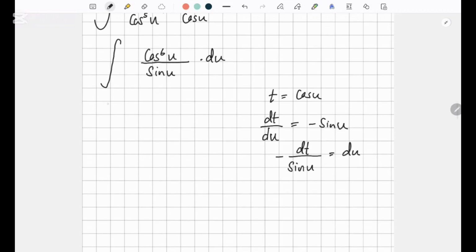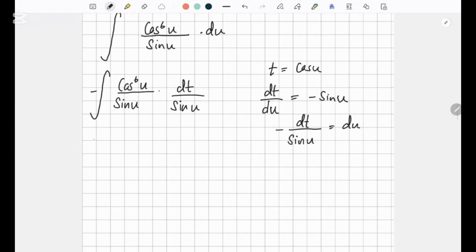Now, if we go back into your question, we could write cos u to the power 6 over sin u. Instead of du, you can write dt over sin u. I'm going to put the minus in front of the integral. So now you have cos u to the power 6 over sin squared u. Sin squared u, you can write as 1 minus cos squared u, right?